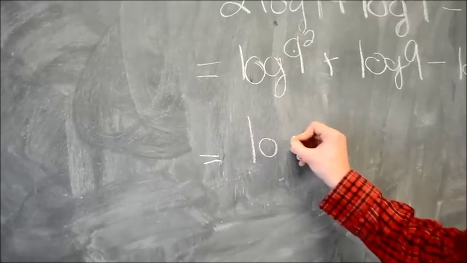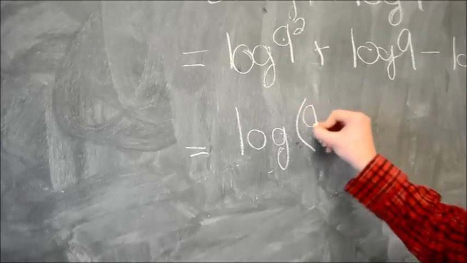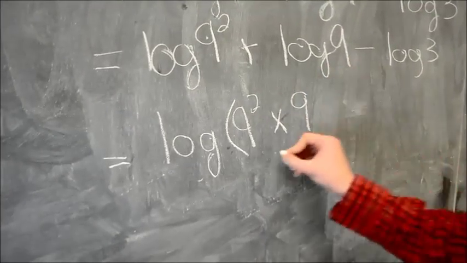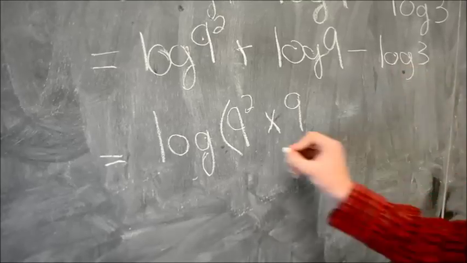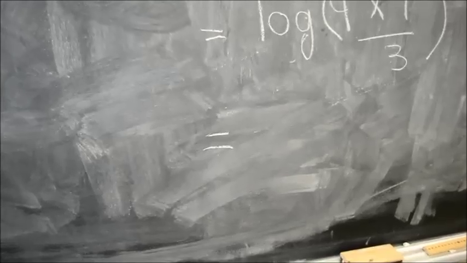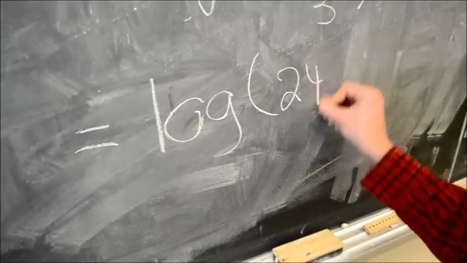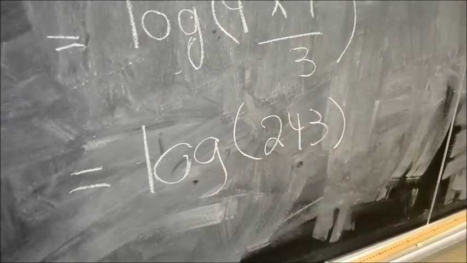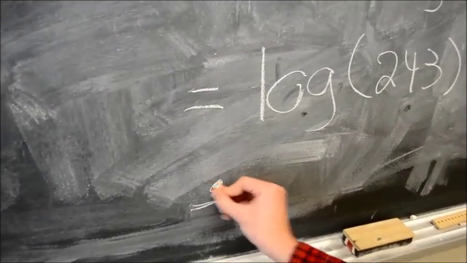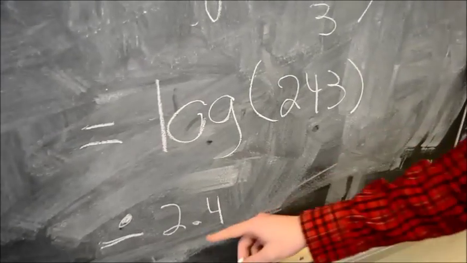So, log of 9 to the 2 times 9, and then you would also use quotient law, so you would divide that by 3. You would get log 243. And then all you have to do is just solve for that, and you would get, as a rounded number, 2.4. So therefore, your answer would be 2.4.